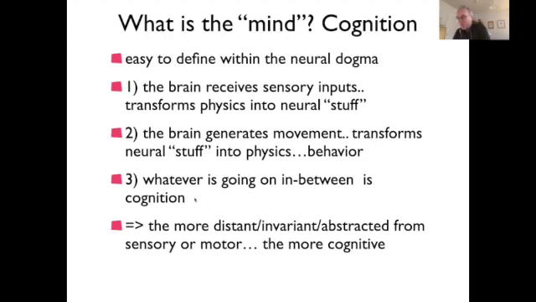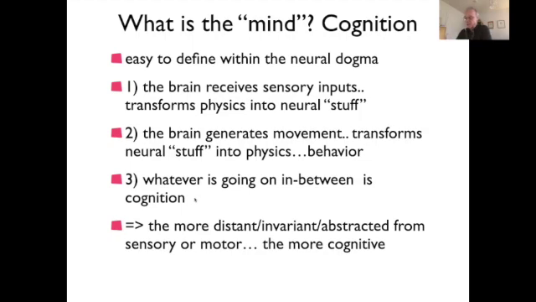Very simple. If it's very direct, then we don't think it's a very important kind of cognition. We sometimes call these reflexes or fixed action patterns. When it's not so direct, when there are more distant connections, invariant connections, invariant meaning that as you change something about the sensory array or something about the motor system, some functional aspect remains invariant.